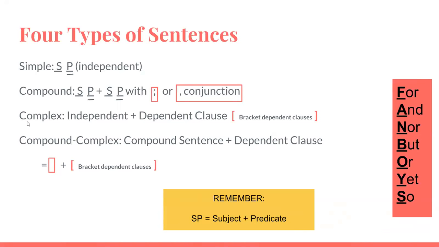After that, we have a complex sentence. That is your third type of sentence. And a complex sentence is going to be what I showed you right before the video, where we looked at the example sentences, and it has to have an independent clause plus a dependent clause. So that means you will have a subject and a predicate plus a set of brackets, because remember, we bracket our dependent clauses when we're looking for them.